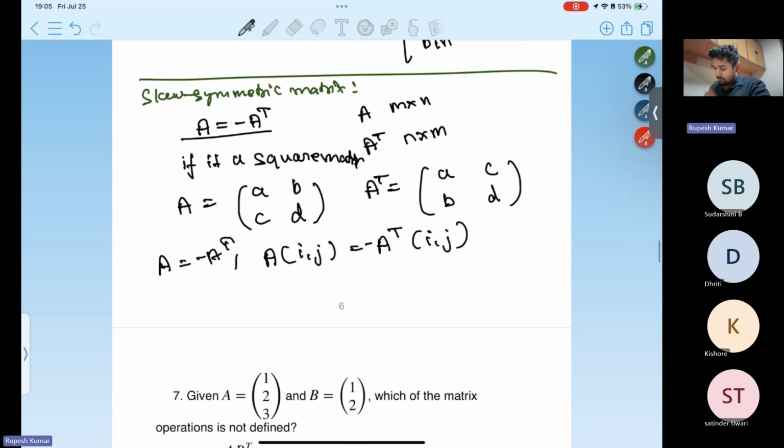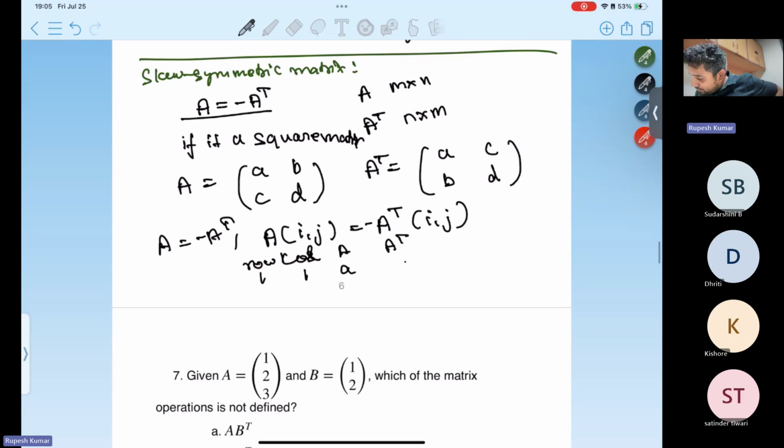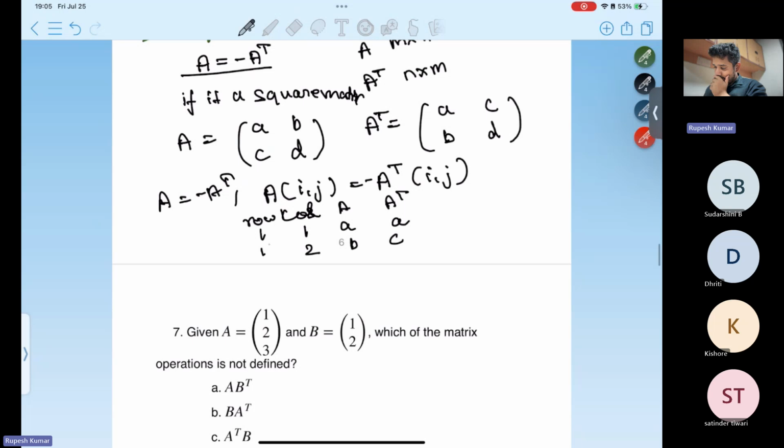Let's start with row 1, column 1: you have A and A transpose entries. Then for 1 2, A has entry B and A transpose has entry C. For 2 1 you have C and B, and for 2 2 you have D and D.